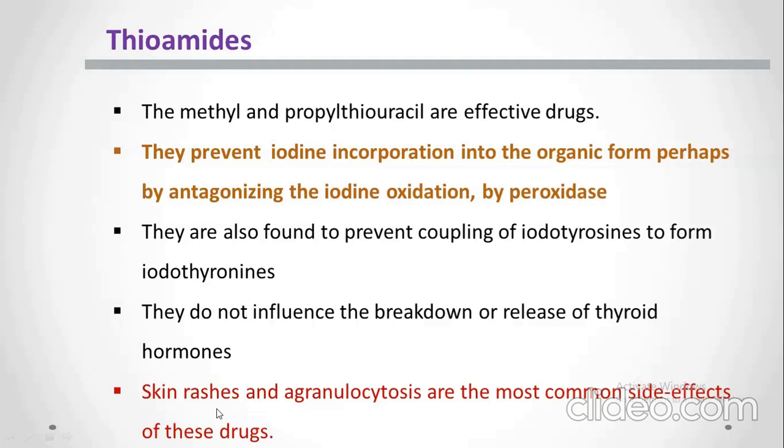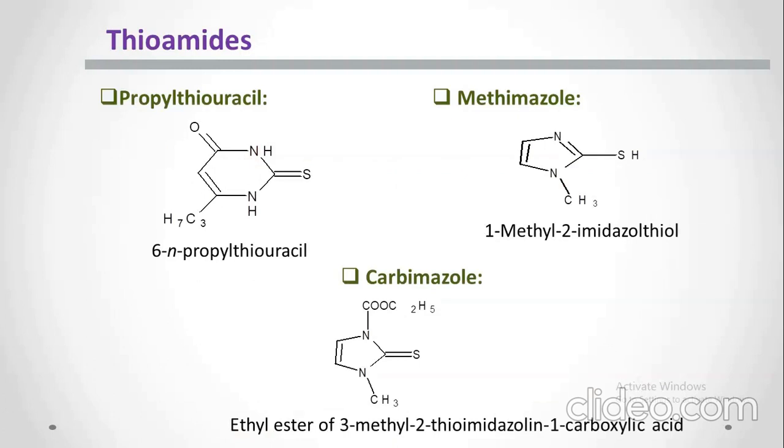Skin rashes and agranulocytosis are the most common side effects of these drugs. So here is the structure of these drugs like propylthiouracil, methimazole and carbimazole. You have to remember they are derivatives of thiourea: this NH, C double bond S, and NH.